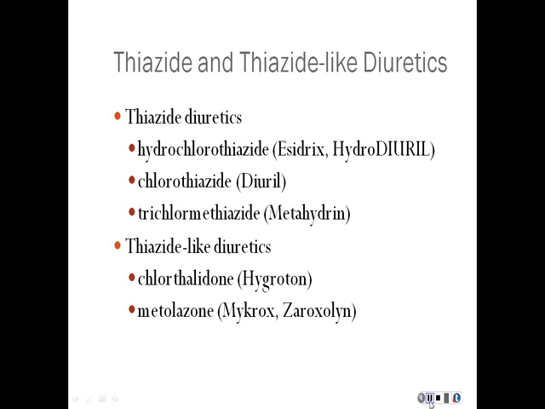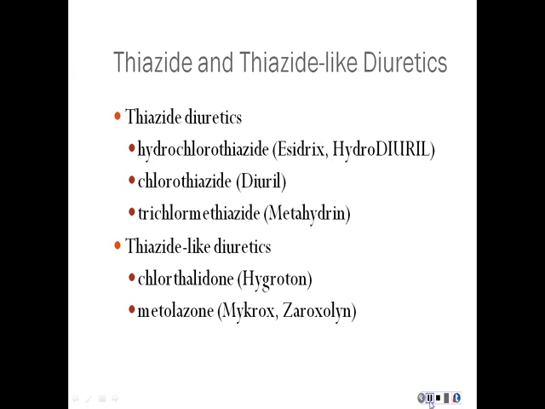Like loop diuretics, they are also chemical derivatives of sulfonamide antibiotics. So again, we want to be a little bit careful about folks with sulfa allergies, although this is found to be very rare that they will have any type of reaction. We still want to be aware of that and watch folks closely if they do have a known sulfa allergy.